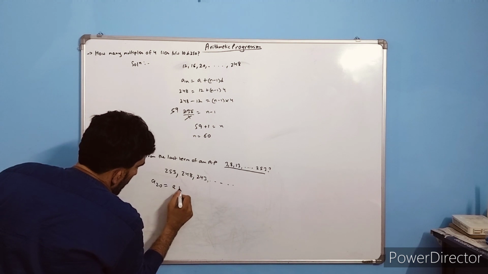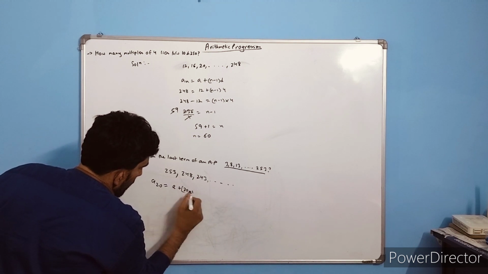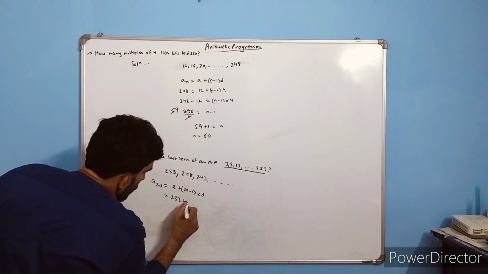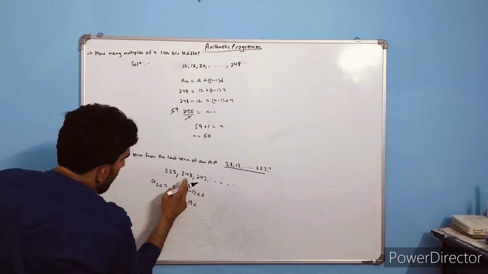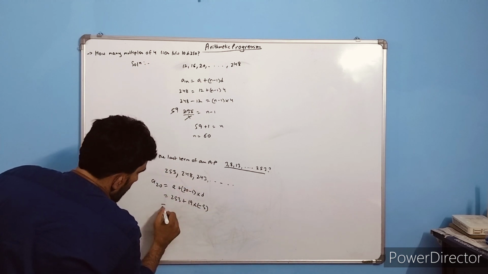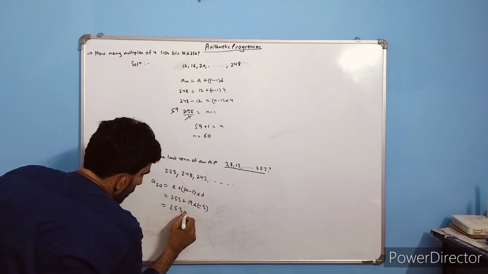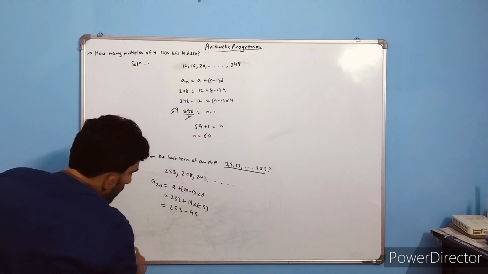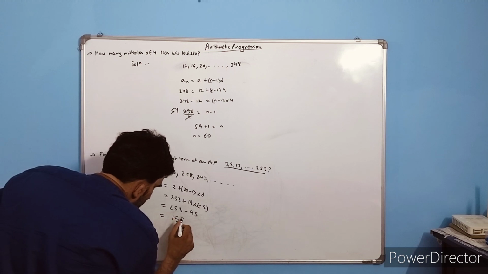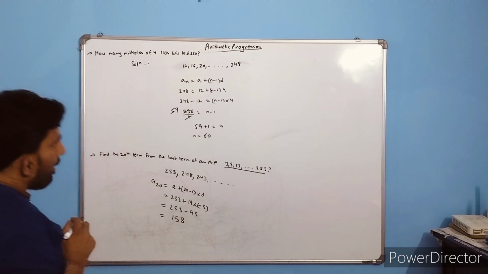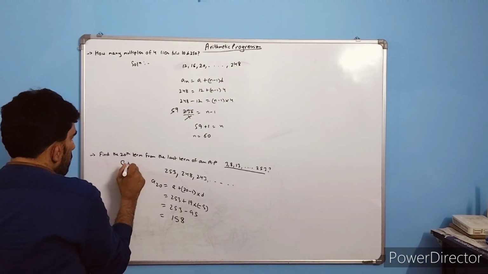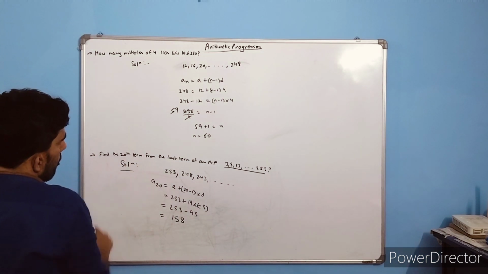So A plus (20 minus 1) into D. A is 253 plus 19 into D, and D is second term minus first term, which is minus 5. So I got my answer here, 158.